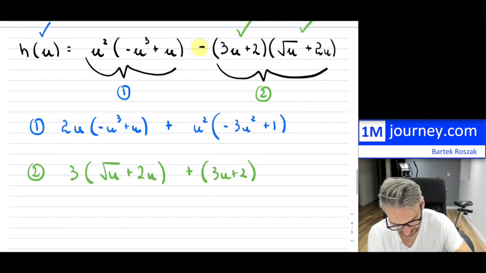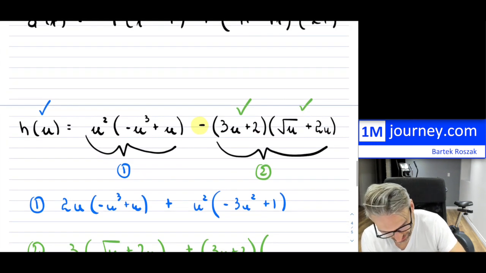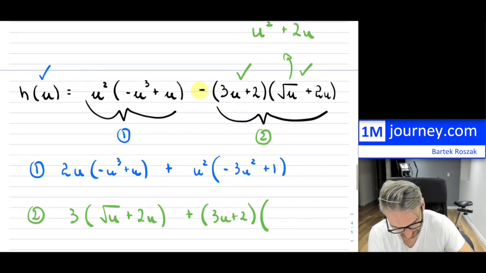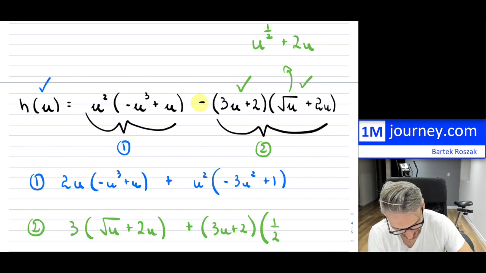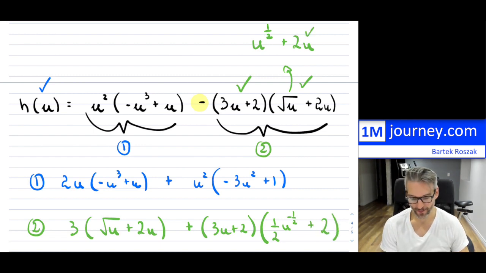And now for the second one, I'm going to just write it up above here. So this is the same thing as u to the 1/2 plus 2u. So that shouldn't surprise you. So that means that this is going to be 1/2 u to the negative 1/2 plus just the 2, because that's the derivative of that.